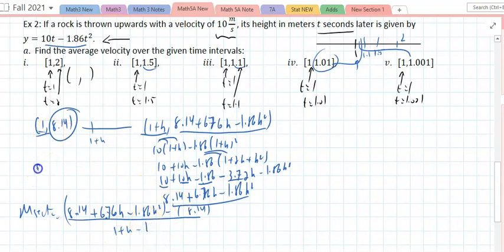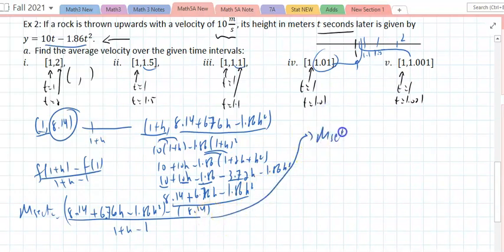So basically I took f of 1 plus h minus f of 1, over 1 plus h minus 1. It might seem like a lot of work. Those cancel out. Factor an h out.